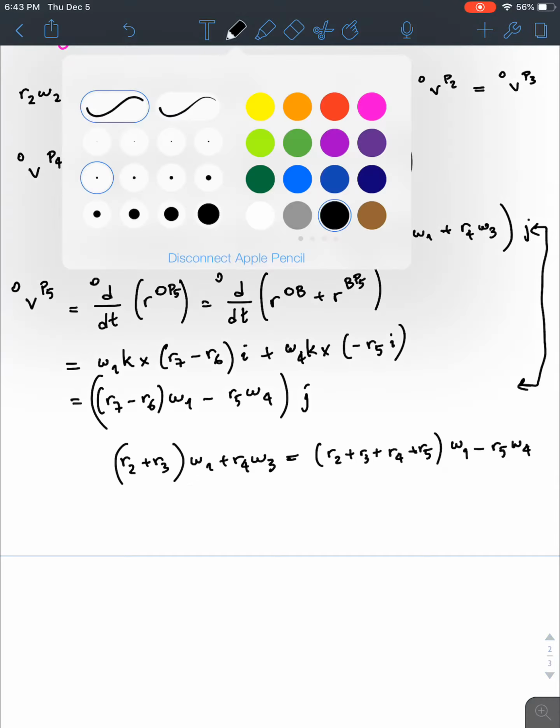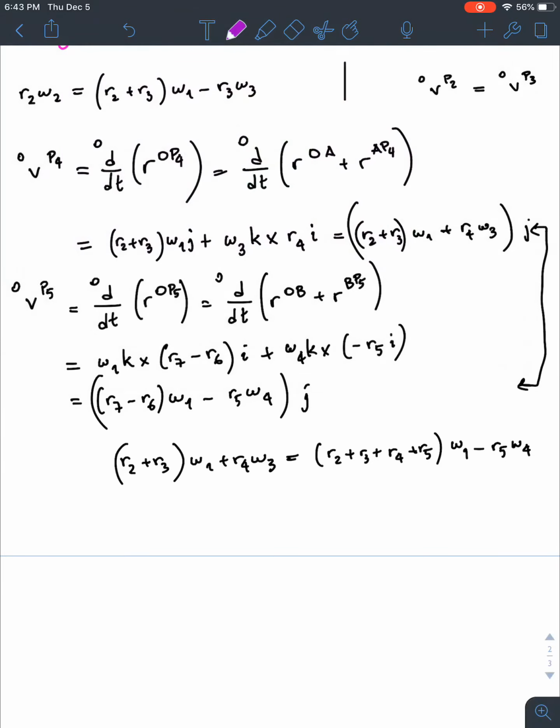What's it going to simplify to? Well, I can see that there's an R2 and R3 term here, and I can cancel them with these terms, right? So what I'm going to get left with is R4 plus R5 times omega 1 equals R4 omega 3 plus R5 omega 4, right?